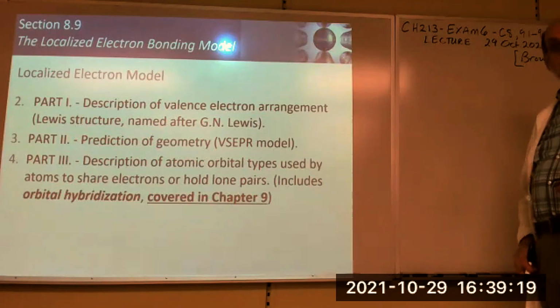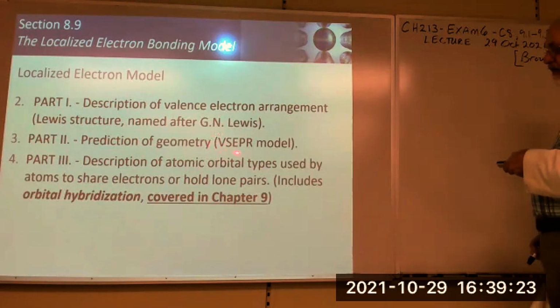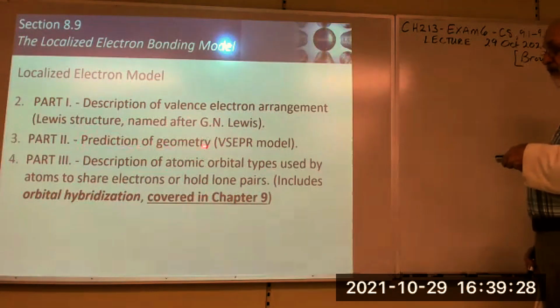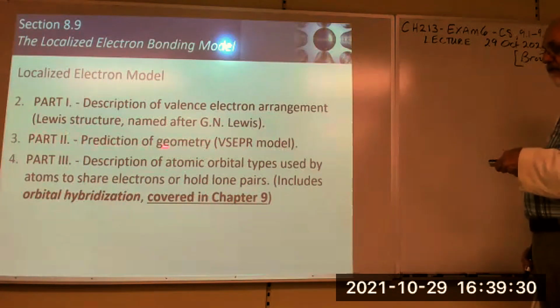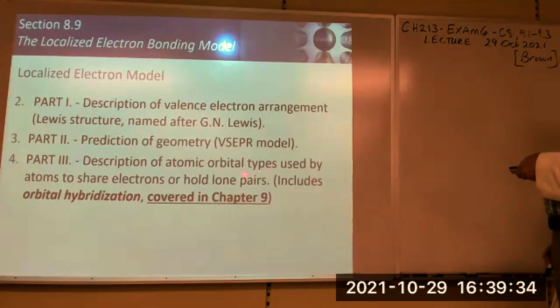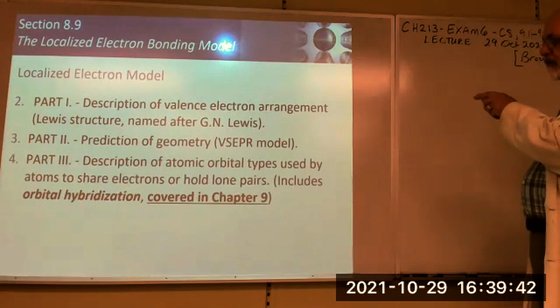Models can have submodels. The localized electron model has the VSEPR model, and I'll explain what that is in a minute, and that helps us predict the geometry of the molecules. Then part 3, we're going to pick up in a separate exam. The rest of chapter 9 will cover this material, so you don't have to worry about that right now. We're going to focus on part 1 and part 2.